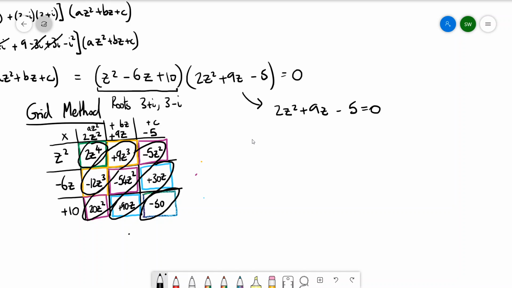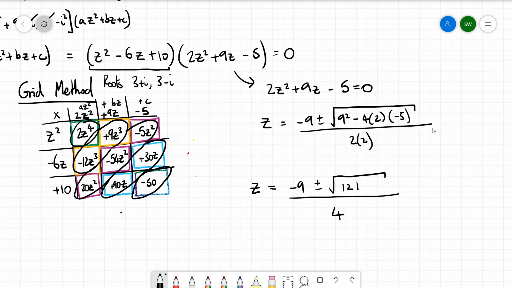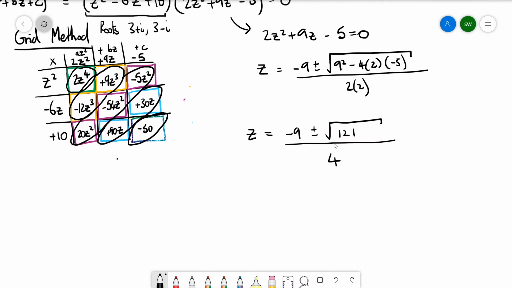And then you can choose your favourite method for solving this quadratic. I'm going to use the quadratic formula. So we're going to have z equals minus 9 plus or minus the square root of 9 squared minus 4ac, all over 2a. So we're going to have z equals minus 9 plus or minus the square root of 121, all over 4. Now notice that we haven't got a complex number here because we're not square rooting a negative number.